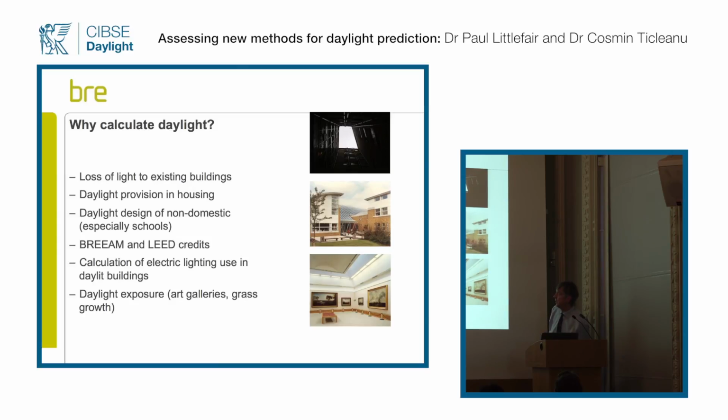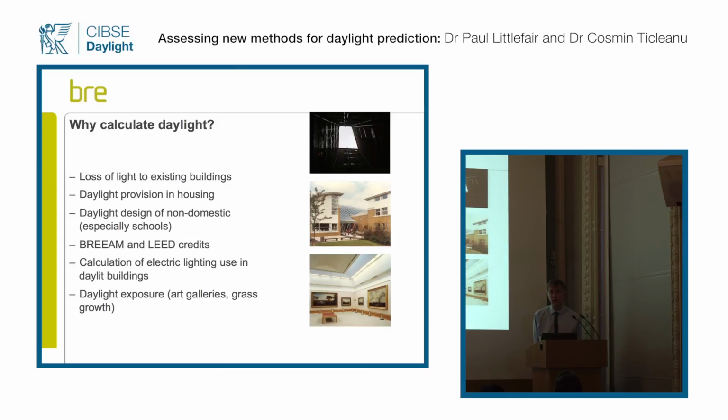For daylight provision in housing, I'm quite concerned about the new European standard based on daylight autonomy, because it seems that the illuminances being used there, the 300 lux, are generally too high for housing. And also for housing in urban areas, it may well be impossible to meet these daylight autonomies, even the minimum ones in the European standard.